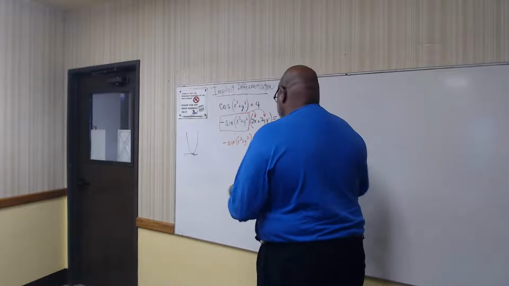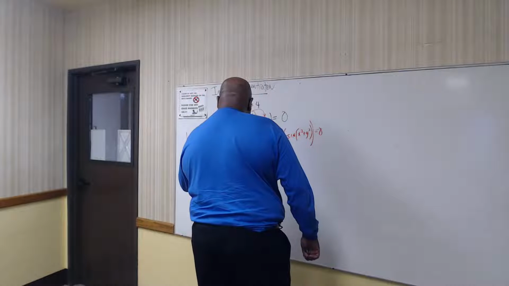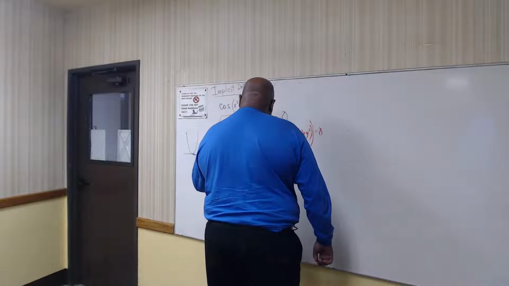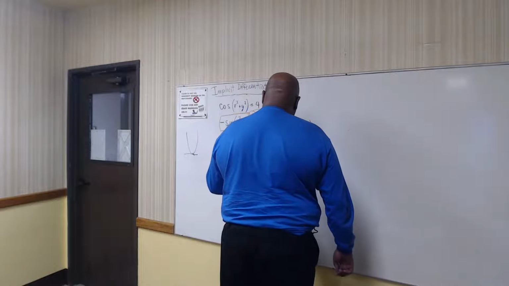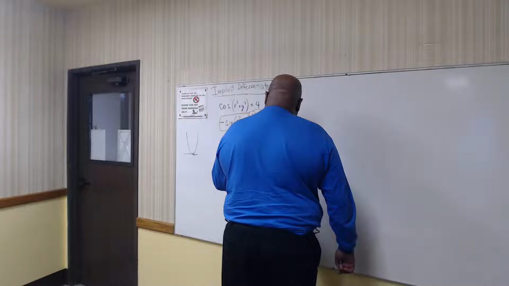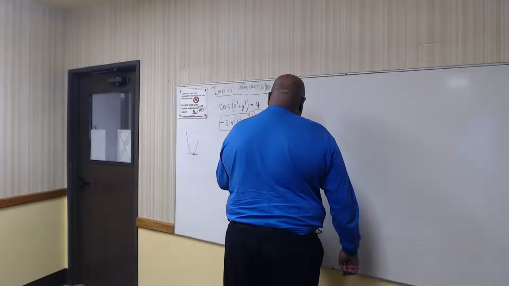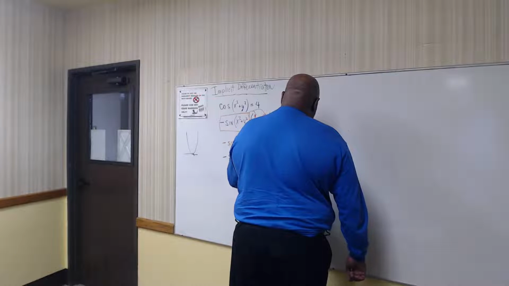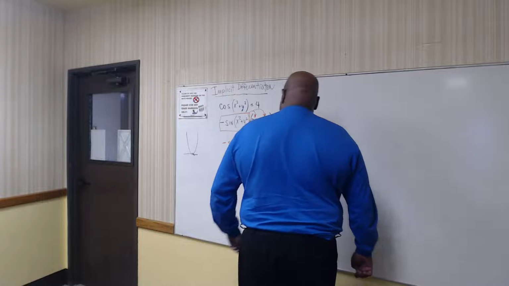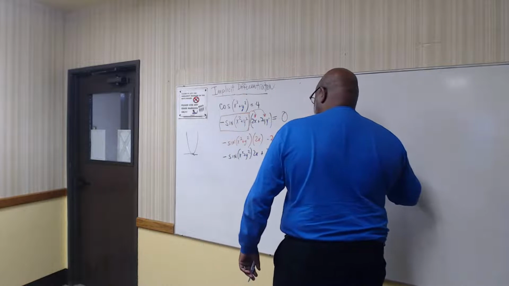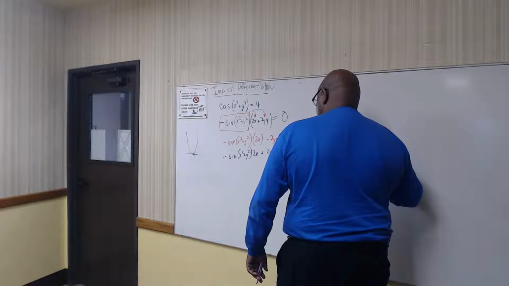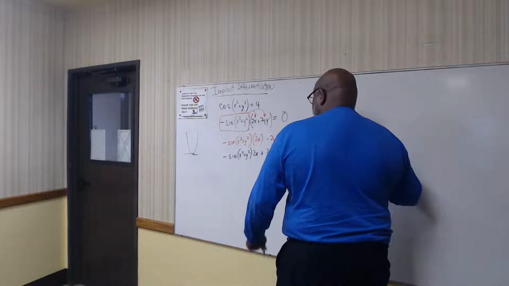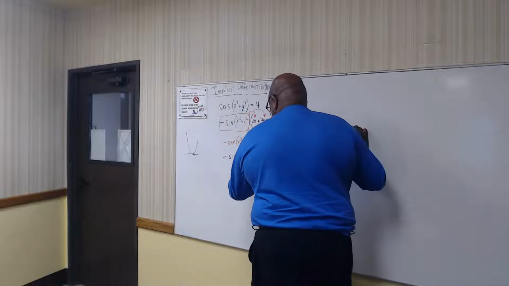Minus sine plus 2y, y prime, sine x squared plus y squared equals 0. Okay, so what I would do now if I were doing this problem is I would factor, well, no, I wouldn't. I would add this term right.